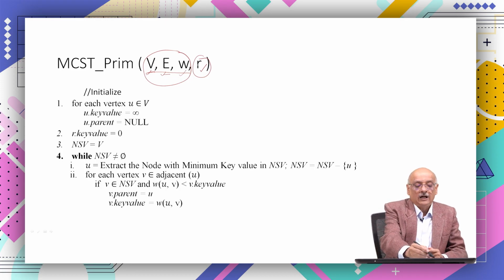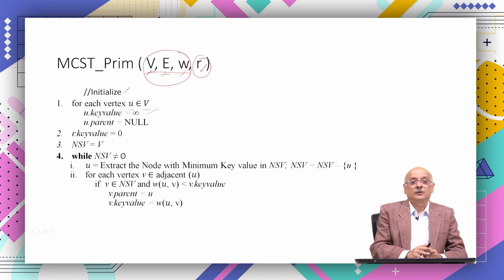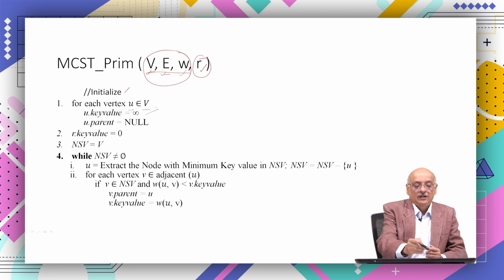Now, how does the initialization take place in Prim's algorithm? For each vertex U, which is a member of V, U dot key value is made infinite. So, we will be initializing the key values to be very high.